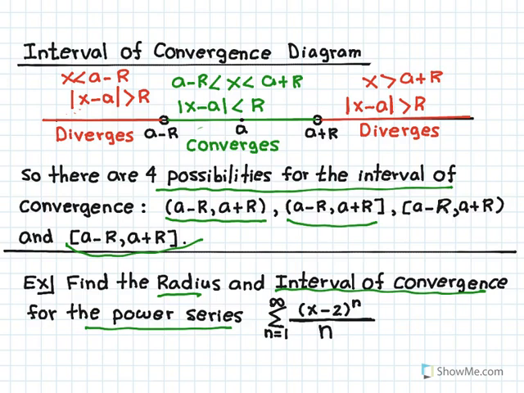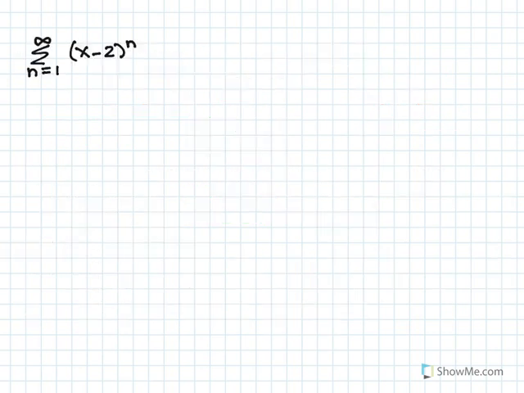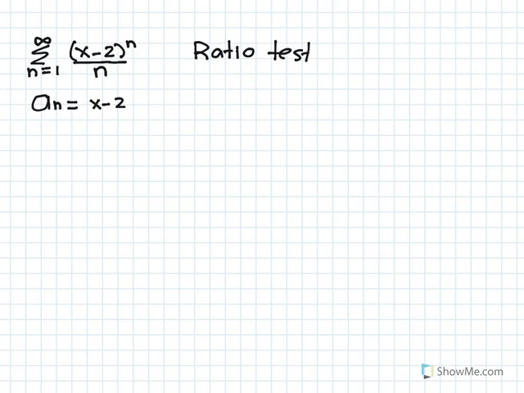All right, so what we have is the summation from n equals 1 to infinity of (x minus 2) to the power of n divided by n. We're going to apply the ratio test with the general term a sub n equal to (x minus 2) to the power of n divided by n.